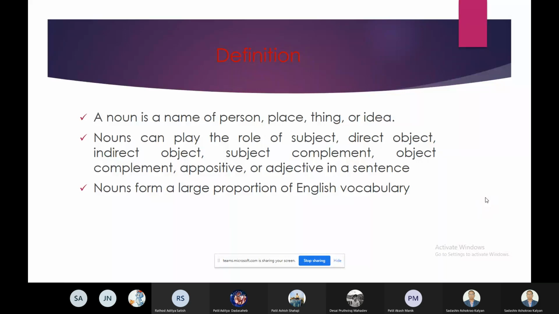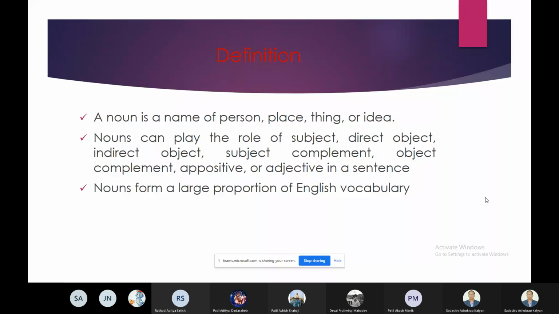When I say Prithviraj, this is considered the name of a person. We also use various things like a laptop, and we have ideas and thoughts.